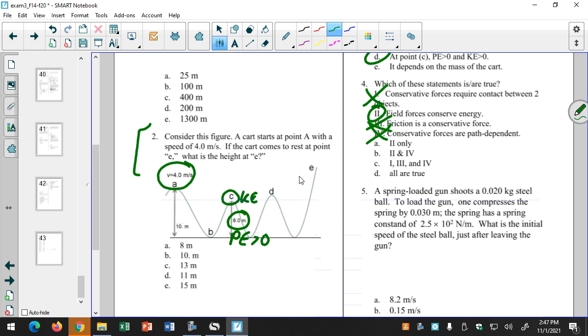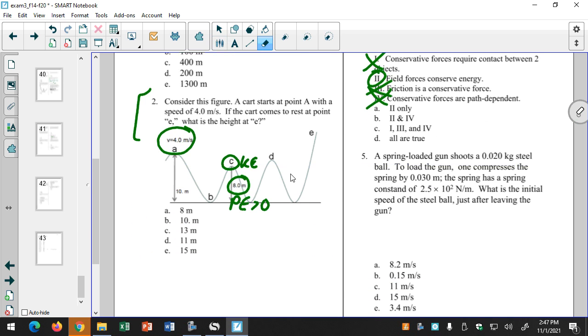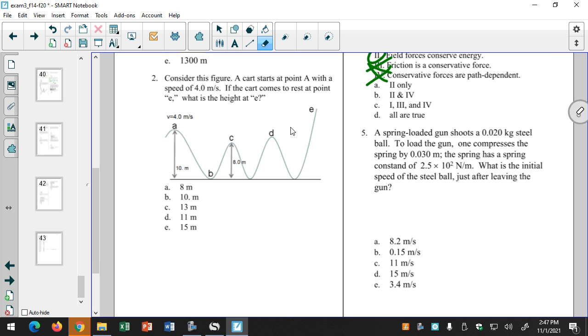So when you set those equal, and you see that point A doesn't have kinetic, you just take out kinetic and set potential energy of A equal to kinetic. Can we work this problem? I think you're asking about number 2. I'm not. It's just a question I had. Ask your question again. I'm not sure if I answered it.